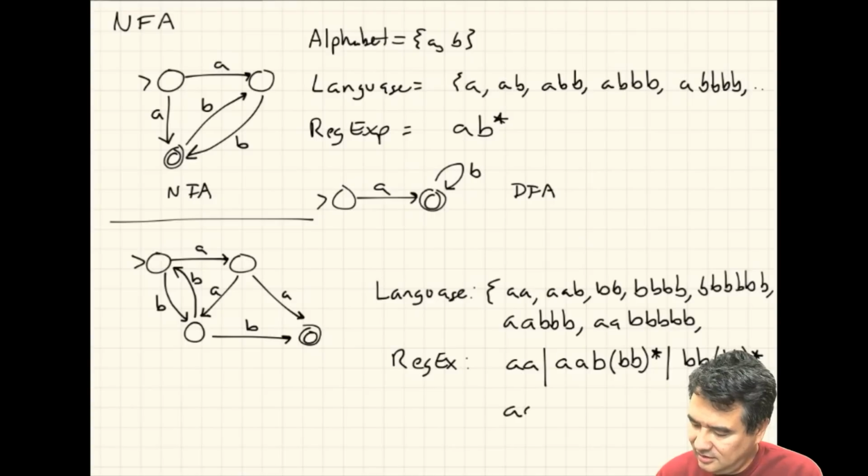So you got AA, and then you're left with B, BB star. I forgot where I was going with that, so never mind.